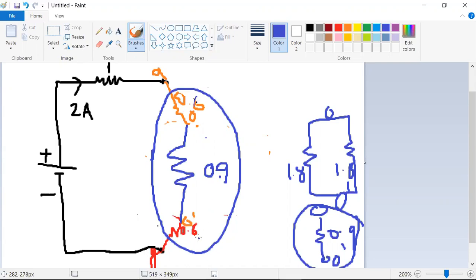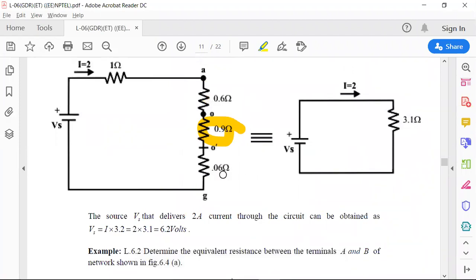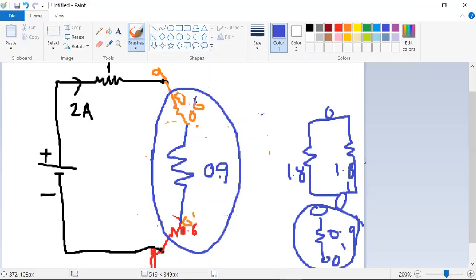The value will be 2.1 of this complete value of resistance between A and G.